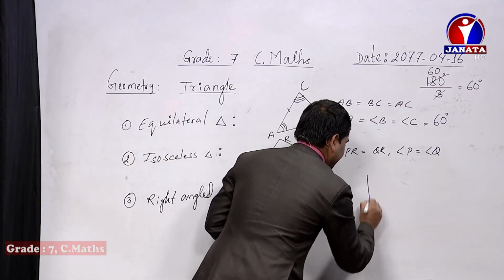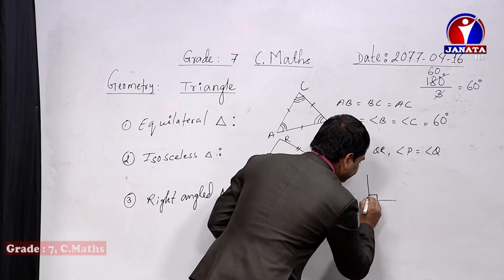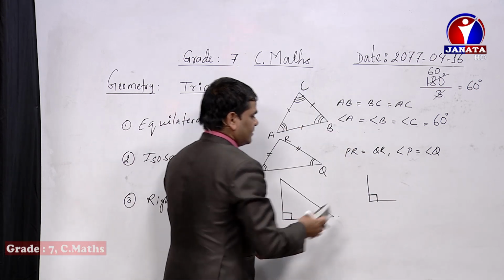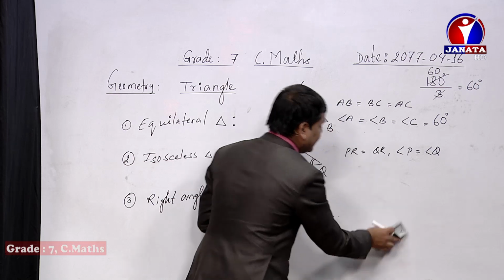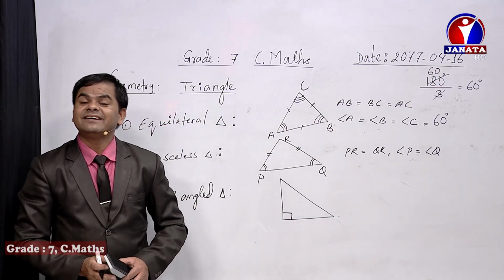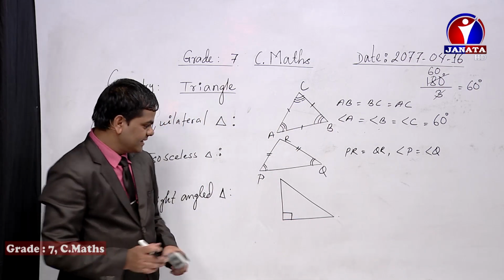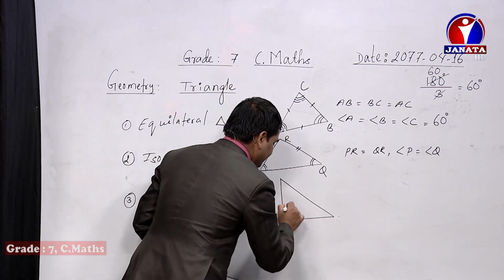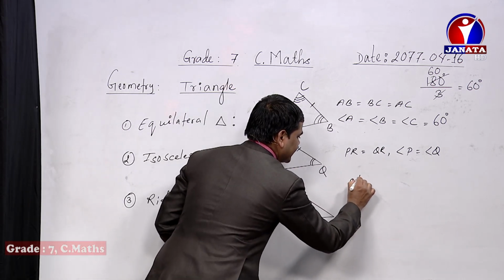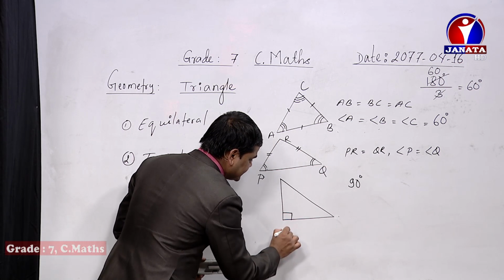This sign represents 90 degrees. If it is given in any figure, then you need to understand that here is 90 degrees. So rather than writing 90 degrees here, it will be represented by this sign.